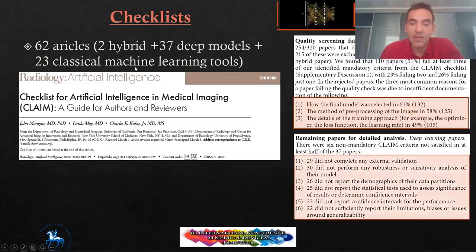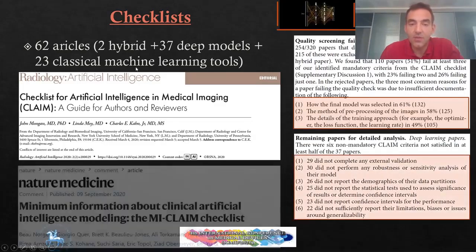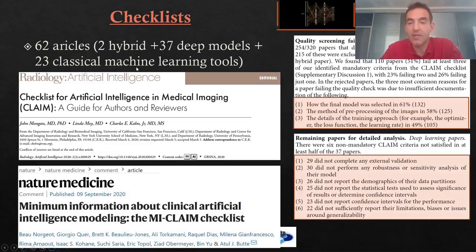Now, this list continues. I just included some important ones, and there is also a smaller list about this issue, which is called minimum information about clinical artificial intelligence modeling, the MI-CLAIM checklist.